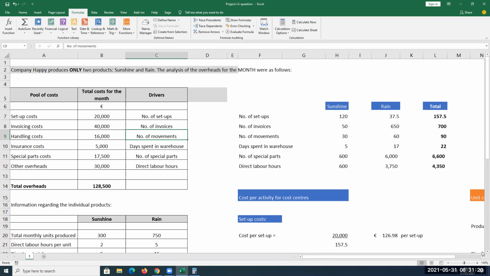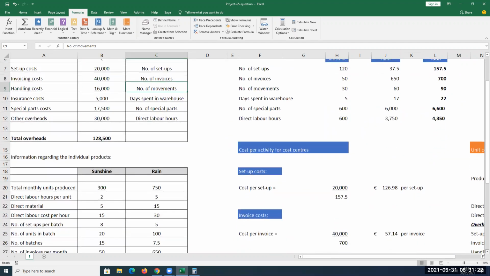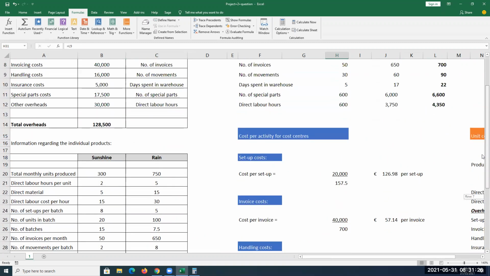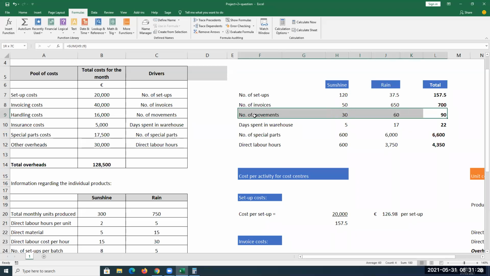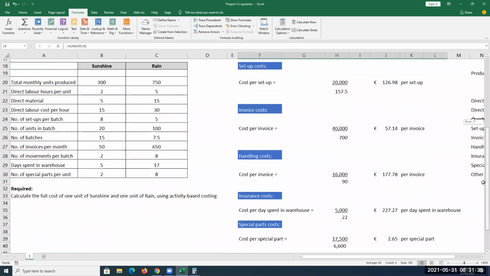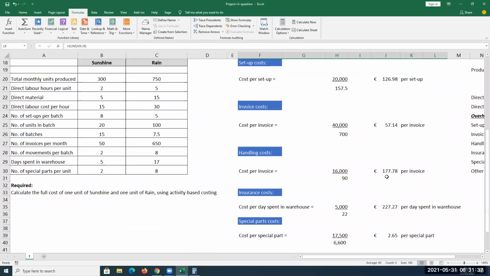So this figure is 90 were the number of movements. If you check, yes, number of movements. So this figure is 177.78 per movement. It's not per invoice. This is per movement. Okay, that's right.